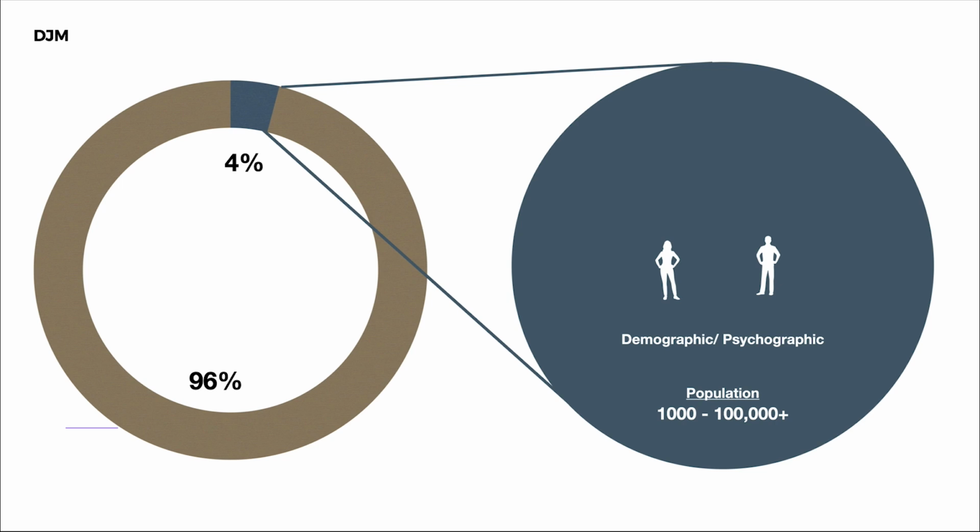Because imagine this. If 4% of your clients are taking up only 4% of your time, but they're making you 96% of your profit, well, what happens if we ignore the 96% and we simply double that 4%, so those 5 people, to 10?